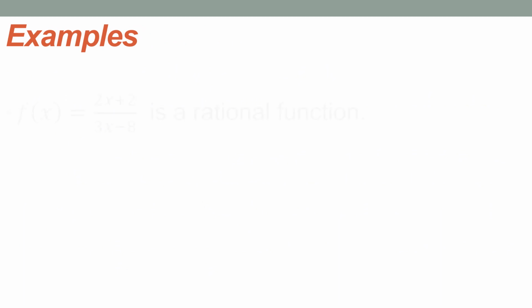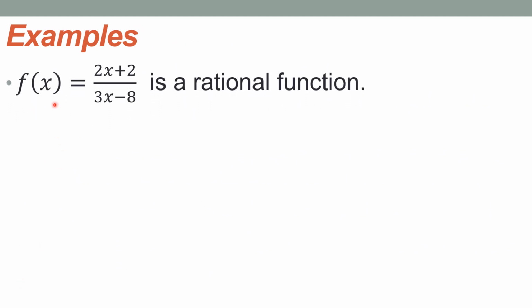So let us have an example. f of x is equal to 2x plus 2 over 3x minus 8 is a rational function. As you can see, our p of x, or the numerator, and our q of x, 3x minus 8, are both polynomials and is named by a function.